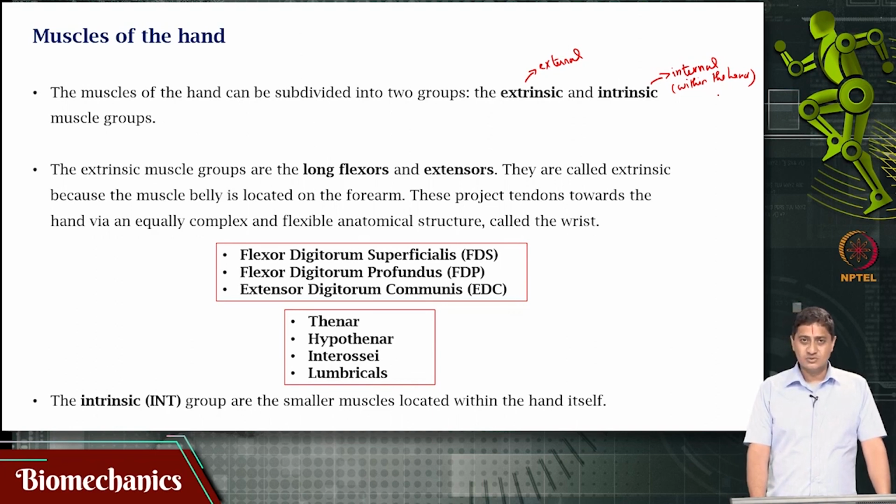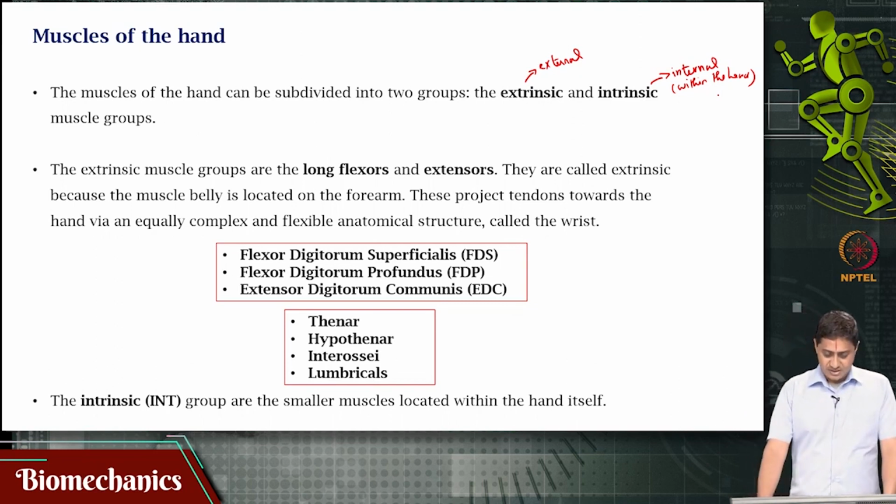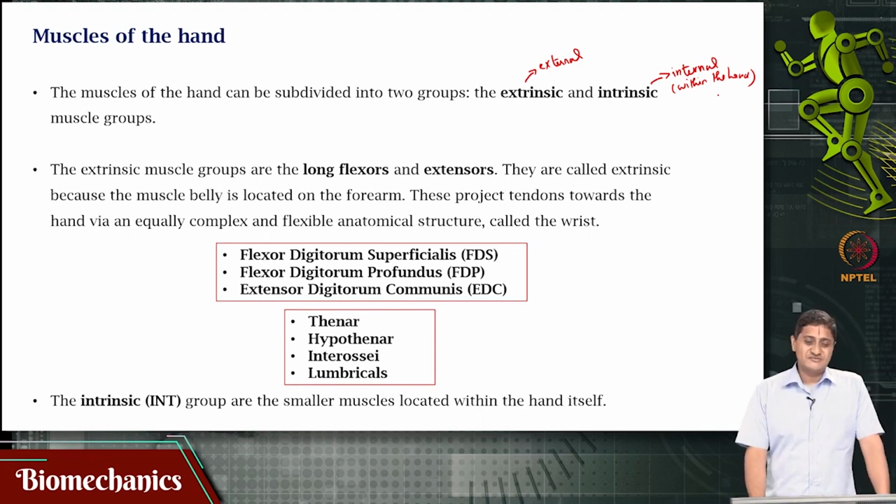Well, through multiple tendons that pass through a geometrically complicated structure called the wrist. Some examples of these extrinsic muscles are flexor digitorum superficialis, flexor digitorum profundus, and extensor digitorum communis. These are the extrinsic group.